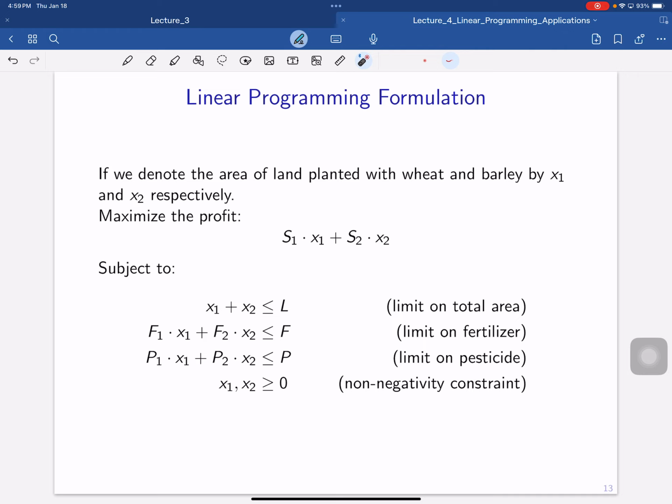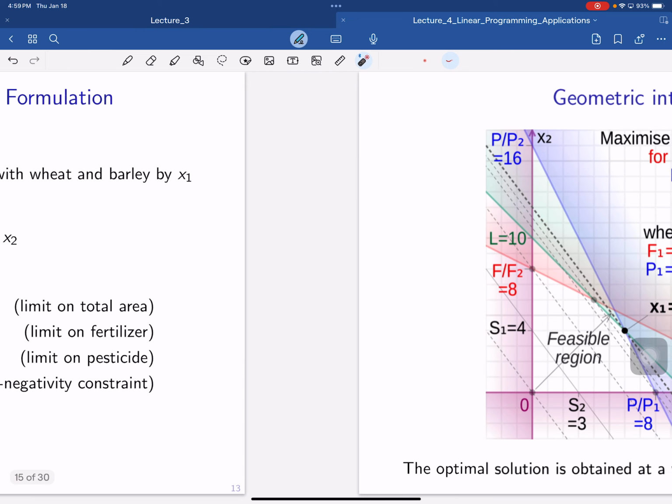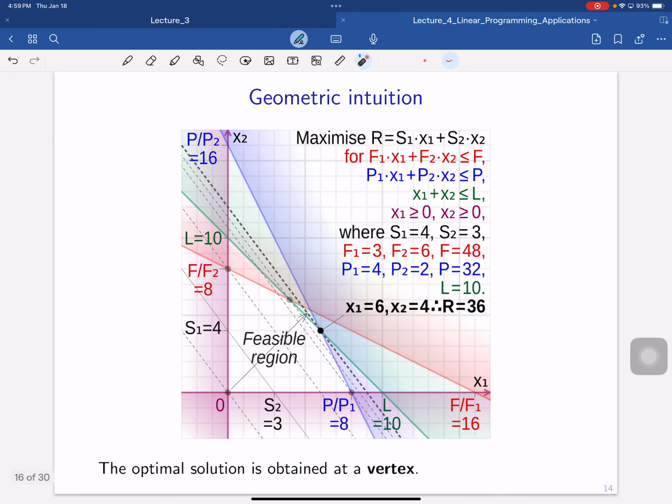So since it's a two-variable problem, we can give you some geometric intuition on how this problem works, right? Remember that we only have x1 and x2, two variables, right? The area you are going to grow wheat, and the area the farmer is going to grow barley. Then we can plot the feasible region on a 2D plane, okay? So let's think about all the constraints.